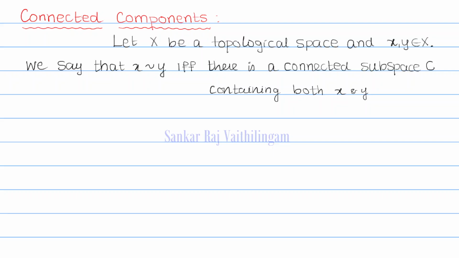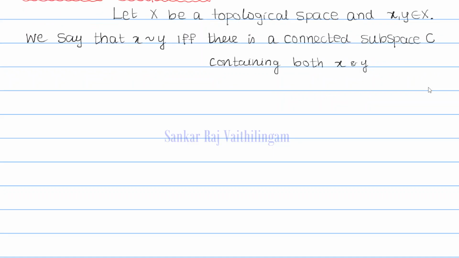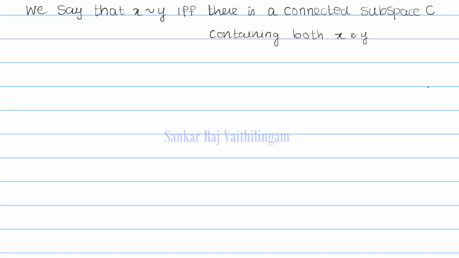Okay, so this is the relation. So we have defined a relation x is related with y if there is a connected subspace capital C containing both x and y.